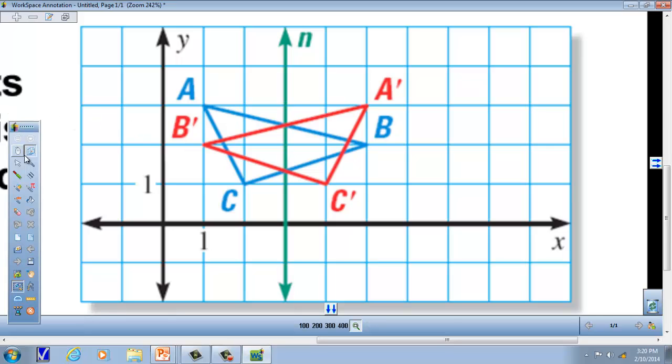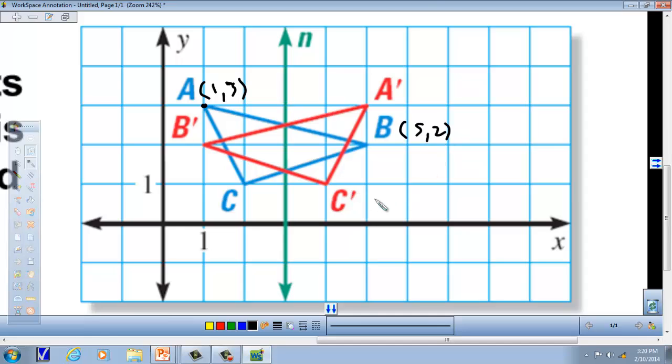Okay, so we have our original points, which are at 1, 3, 5, 2, and 2, 1. What you want to do is look at this line.